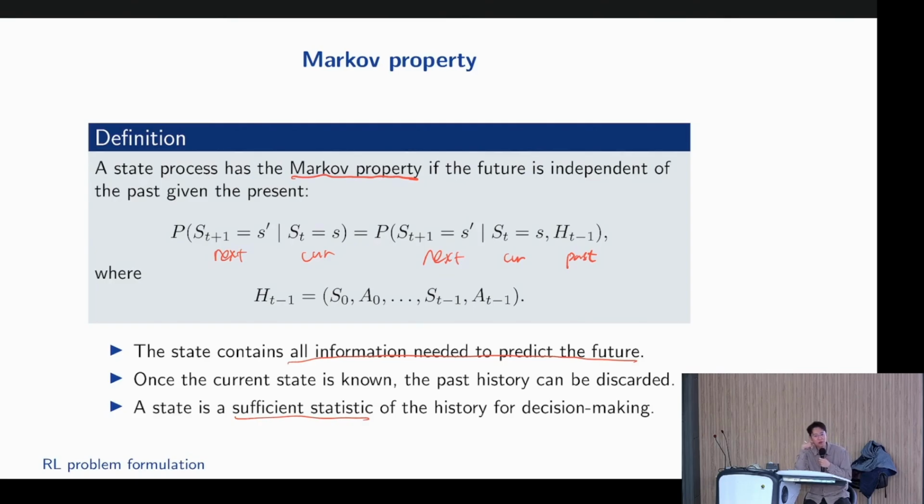So in real life, as an RL practitioner, in order for these RL algorithms to work, theoretically it relies on the Markov property. So it really matters how you define your state.